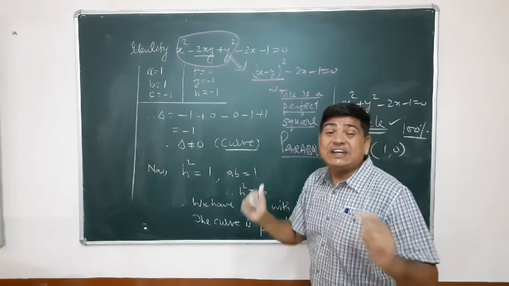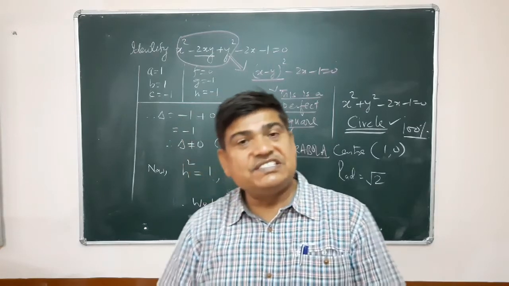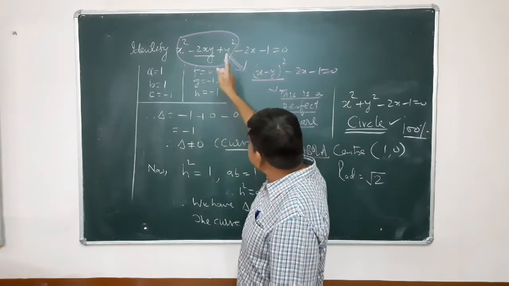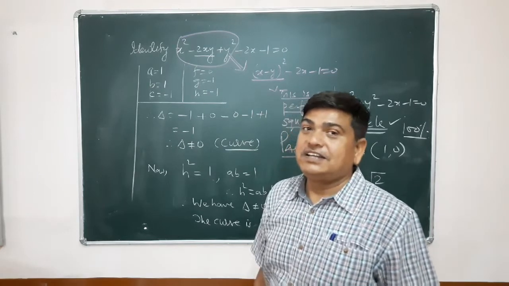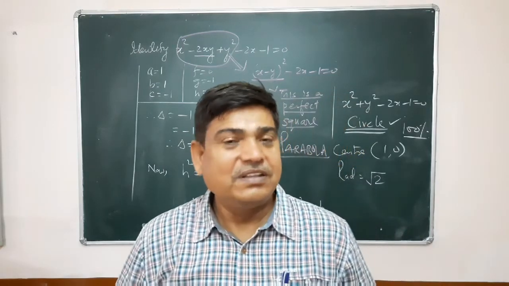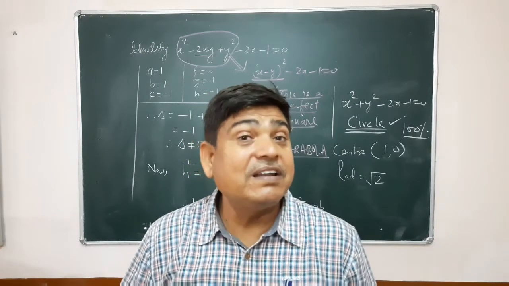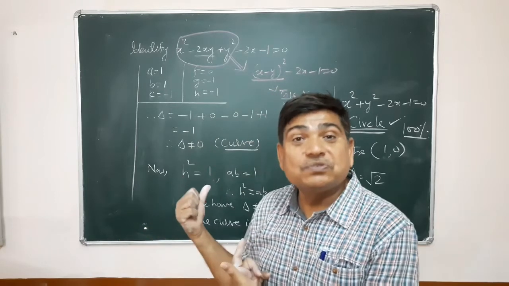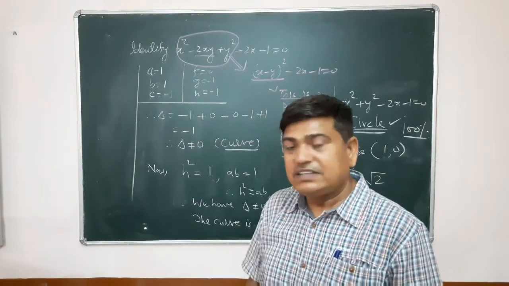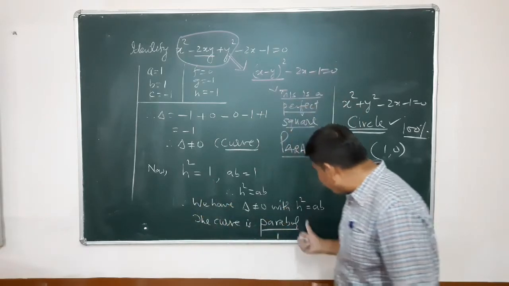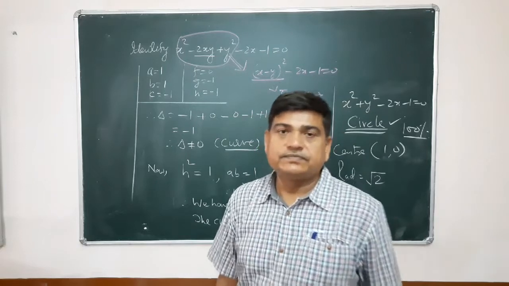Because I have not calculated the value of delta. If delta is not 0, then this equation will be 100% parabola. And if delta is 0, then a pair of parallel lines. Why parallel lines? Because here it is h square equals to AB with delta 0, then a pair of parallel lines. Delta is not 0 with h square equals to AB, that is a parabola.